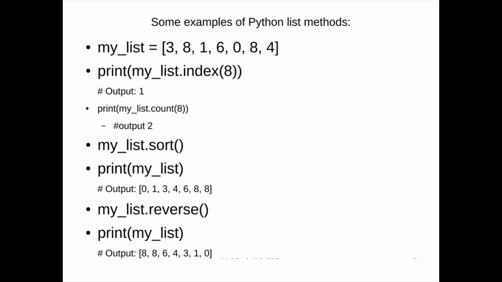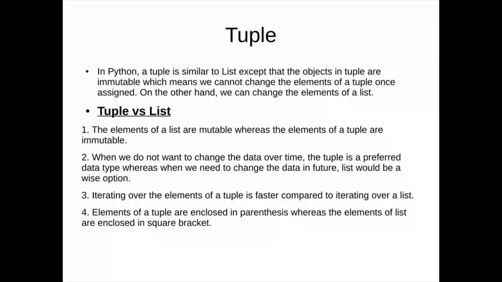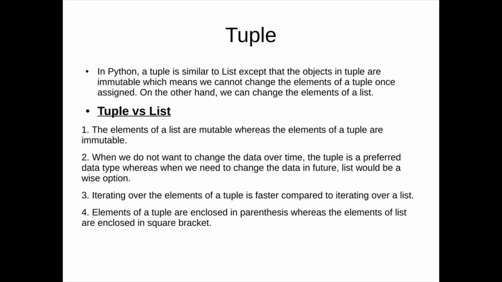Next, tuple. A tuple is similar to a list, except that the objects in a tuple are immutable. We cannot change the elements of a tuple once assigned. The elements of a list are mutable, whereas the elements of tuples are immutable.